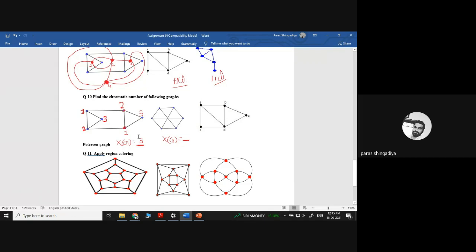Anand, Ovia, Neville, Parthiv. Now do it for the second graph right now, and the rest is for your practice. What is the answer for the second graph? Just write and reply your answer in the chat box. How many minimum colors are required?